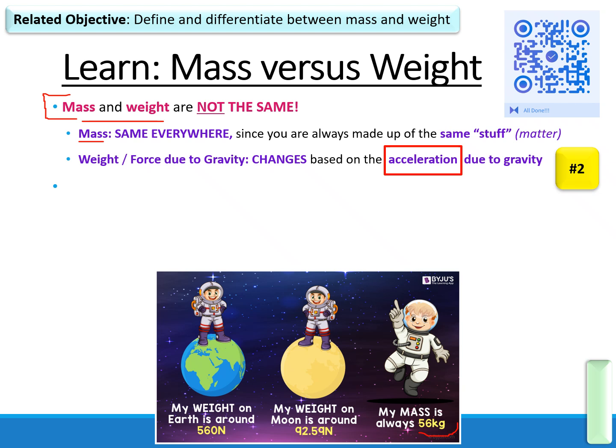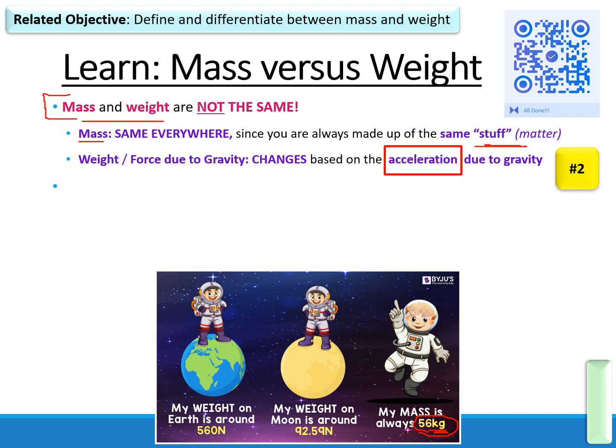If my mass is 56 kilograms, it is going to be 56 kilograms on the moon, and it's going to be 56 kilograms on Earth, because it is just a measurement of the stuff, the matter that I'm made up of. Mass has volume, right? And it's going to be the same everywhere.